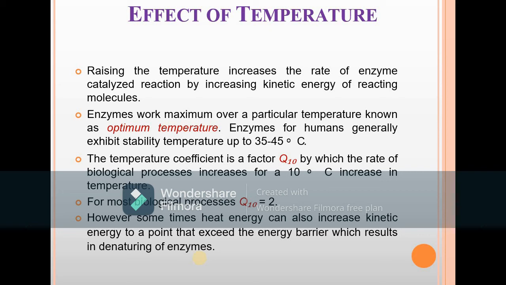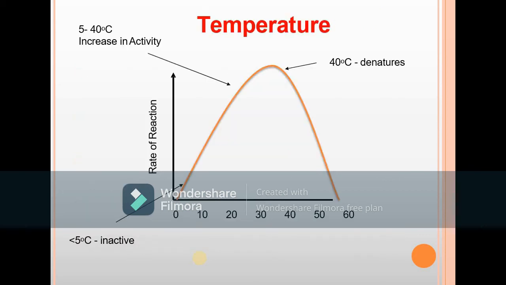What is the effect of temperature? There is some optimum temperature at which the enzyme can easily work. Every enzyme works at its maximum rate at a specific temperature, and that temperature is called the optimum temperature. When temperature rises to a certain limit, heat adds to the activation energy and also provides the kinetic energy for the reaction.